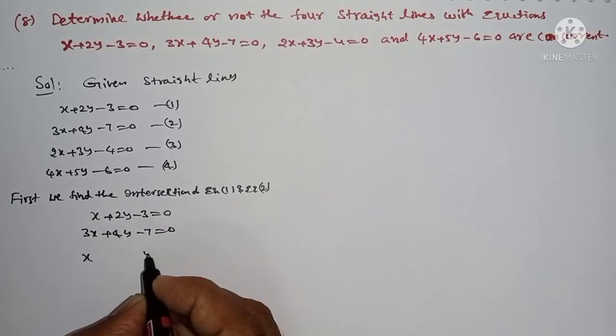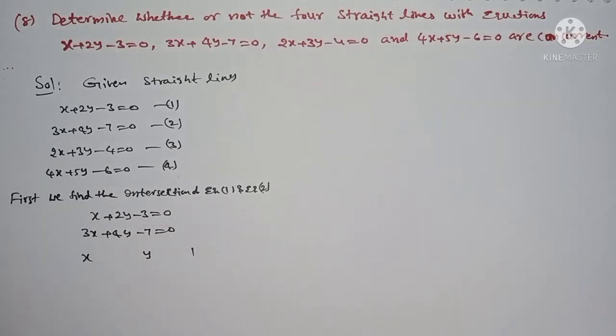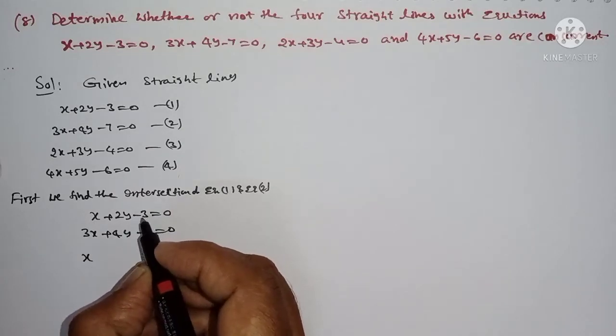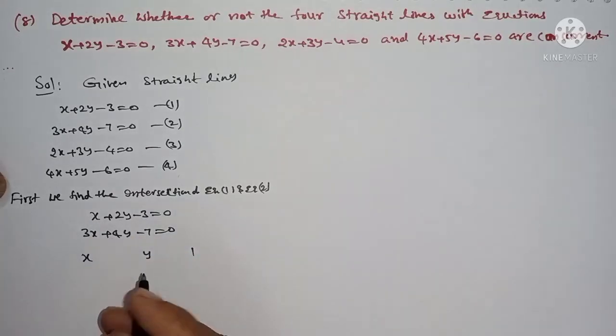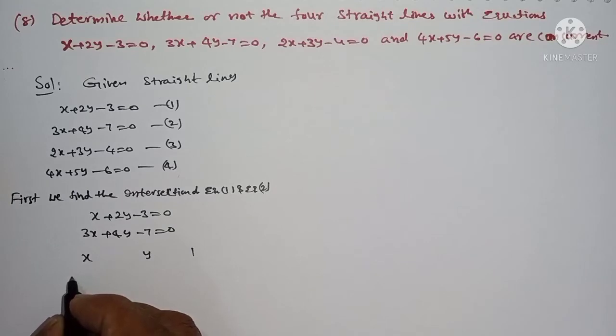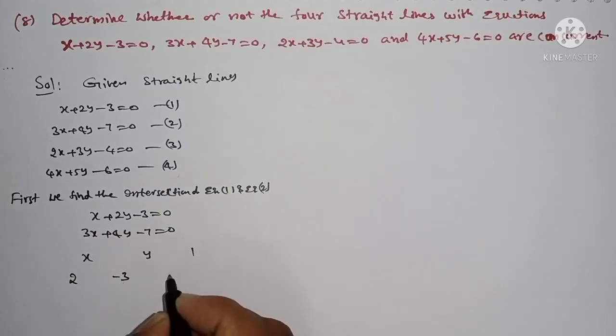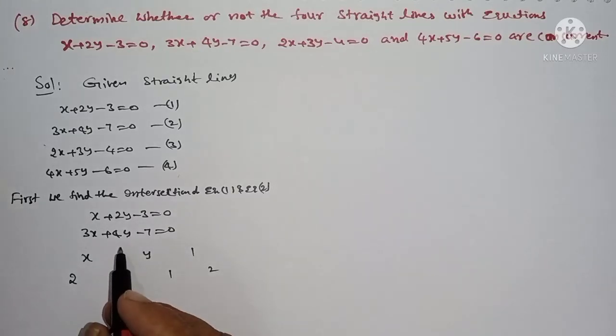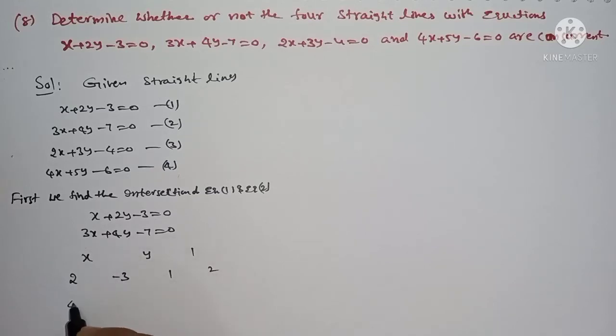You take the method of x, y and constant: write the y coefficient and constant, and the x coefficient and constant. For the first equation we take -3 and 2, and for the second equation I take -7 and 4.